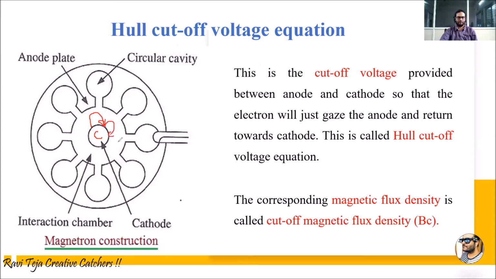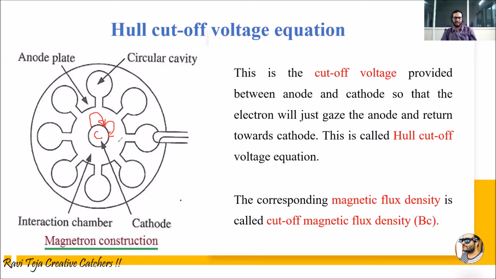So what's happening here? The electrons are going towards the anode plates, and they are returning towards the cathode. That is where the Hull cutoff voltage equation is applied.